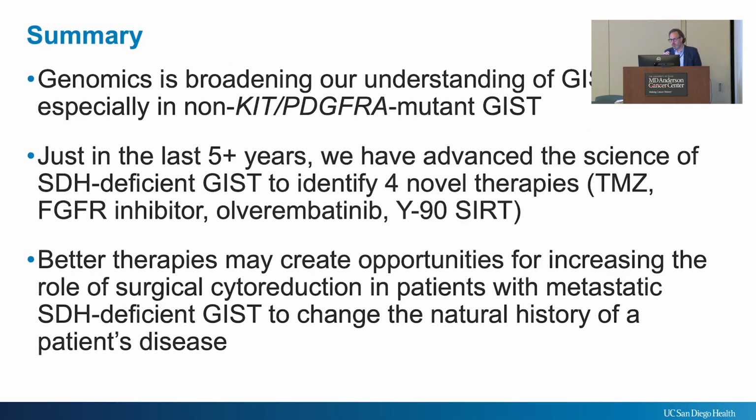So I think what I've shown you over the last 45 minutes, hour or so is really how genomics is broadening our understanding of GIST drivers, especially in the non-KIT, non-PDGFR mutant GIST.